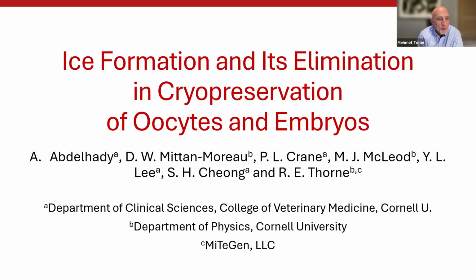Professor Robert Thorne from Cornell University, a dear colleague who has done tremendously important work in the same area that we have worked in, basically what I call controlling the fate of water, and which phase it goes to determines what comes out at the other end of the biological system.